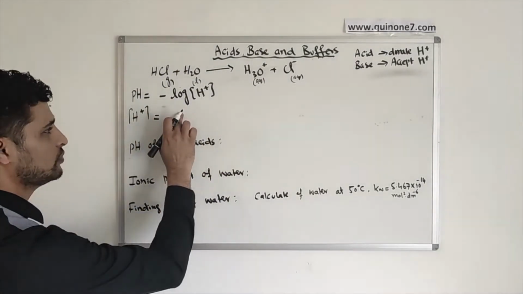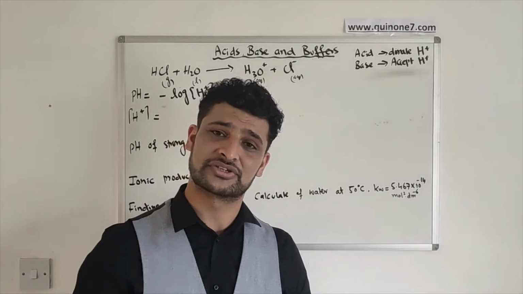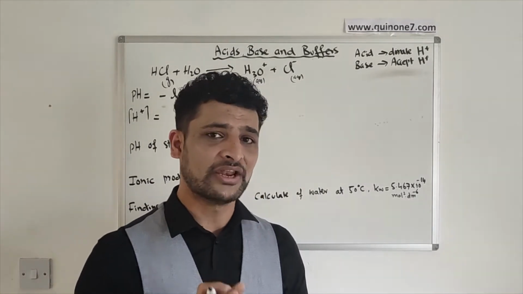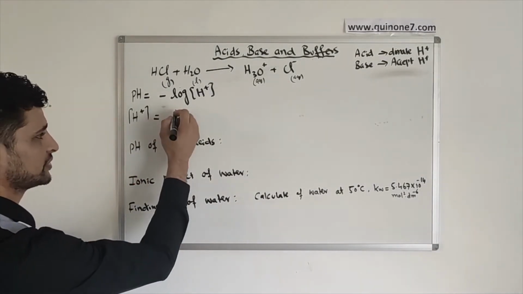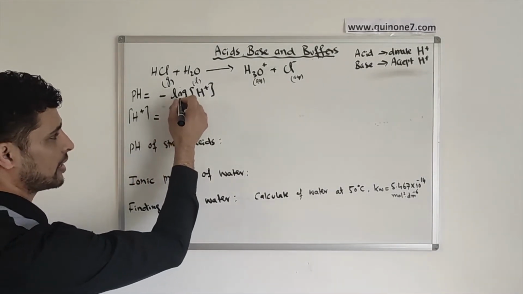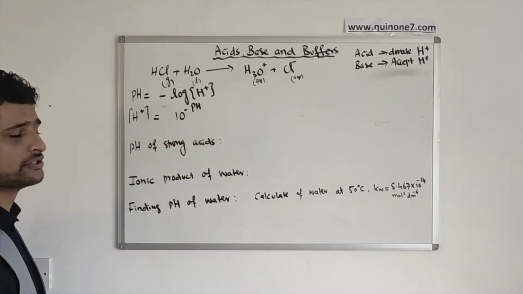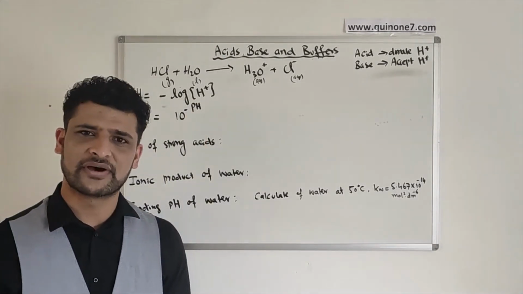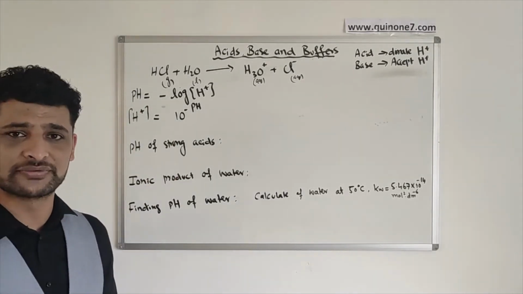If you have been given a pH and they're asking you to calculate the concentration of H positive ion, then you have to reverse everything. So for the H positive ion concentration, you take the anti-log of the pH.